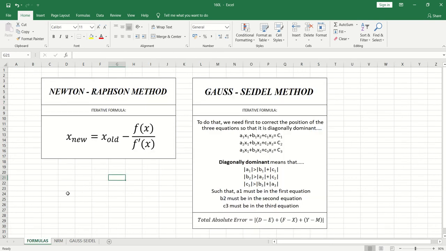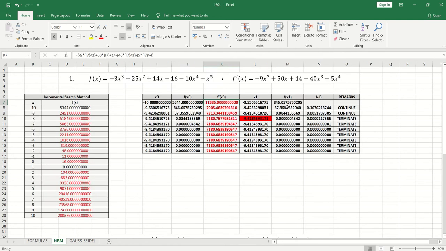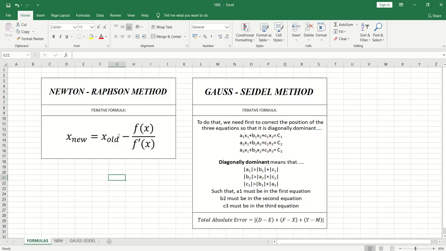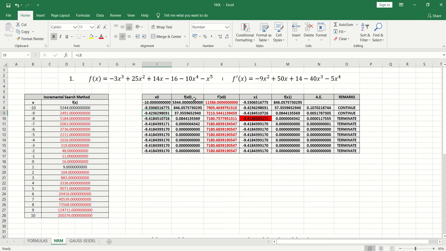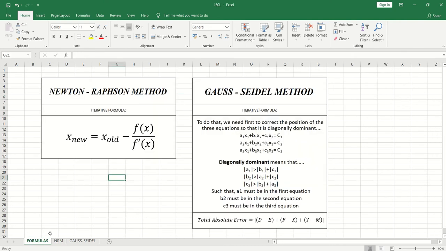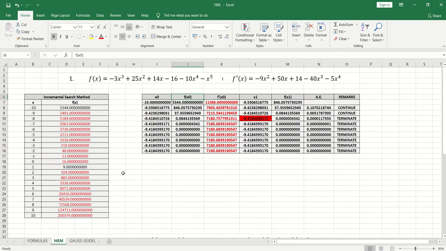So using this formula, x old minus f of x over f prime of x, where x sub 0 is the x old, f of x is f of x sub 0 over f prime of x, which is our f prime of x sub 0, we can obtain this value.